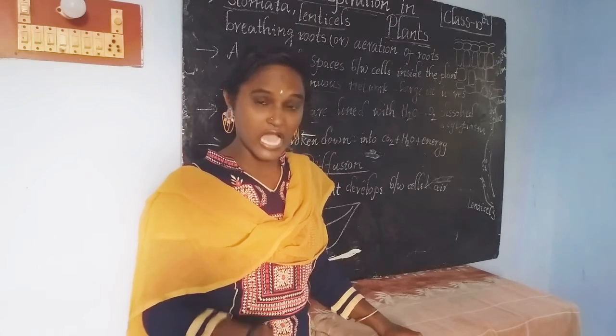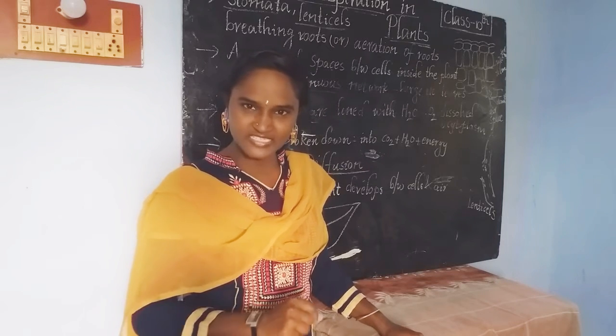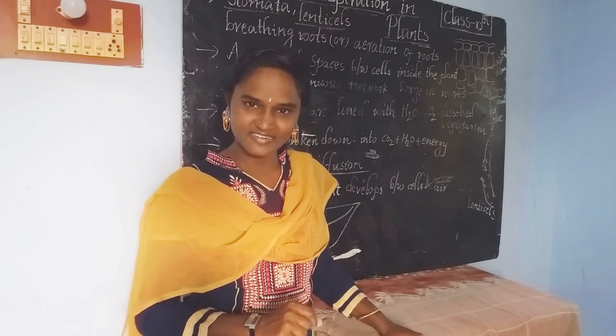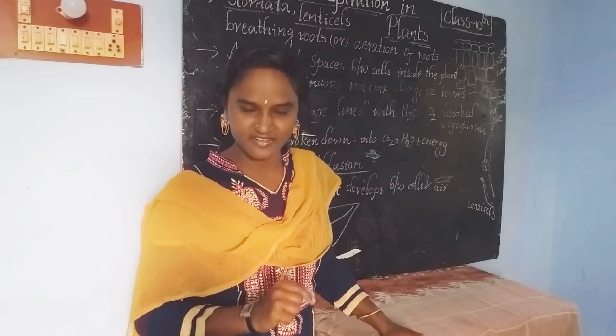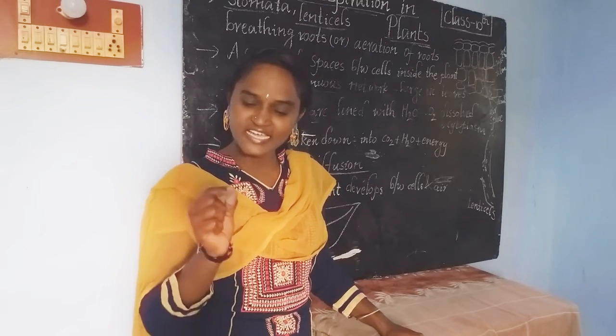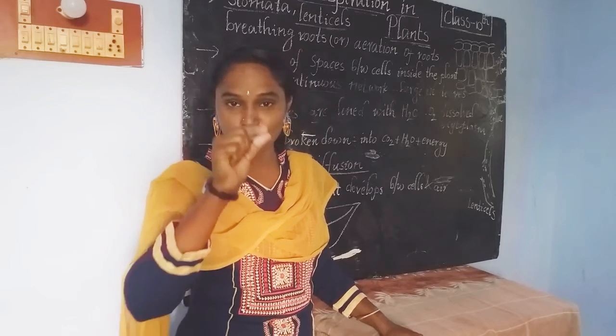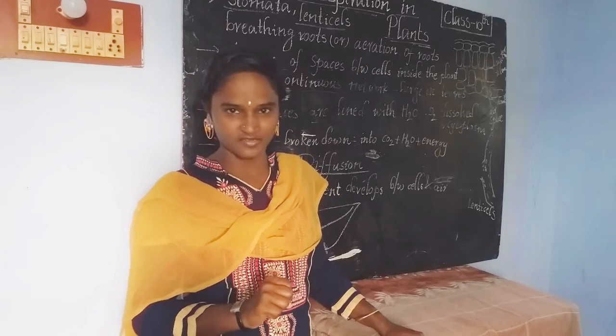What about roots? How do they get the air? We all know that the soil particles also contain air. The space between the soil particles is filled with air, and that air will be absorbed by the roots. As they have a very thin outer covering, they are capable of absorbing the air along with the water.